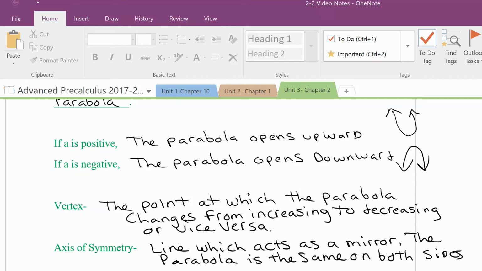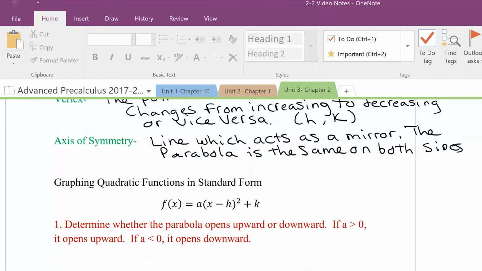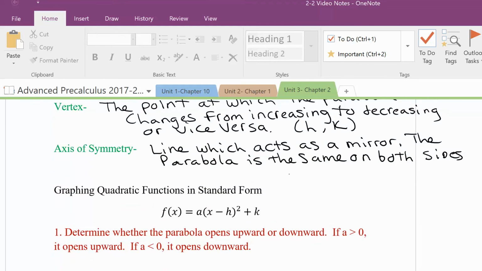Now, for the vertex, it's just h, k. The axis of symmetry is the line x equals h for the vertex.